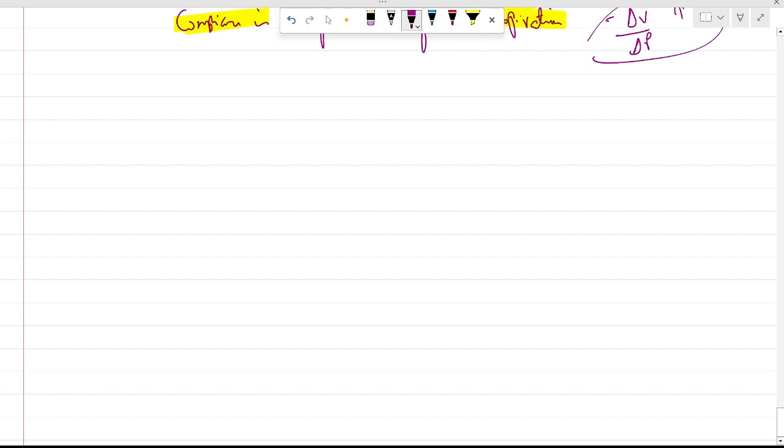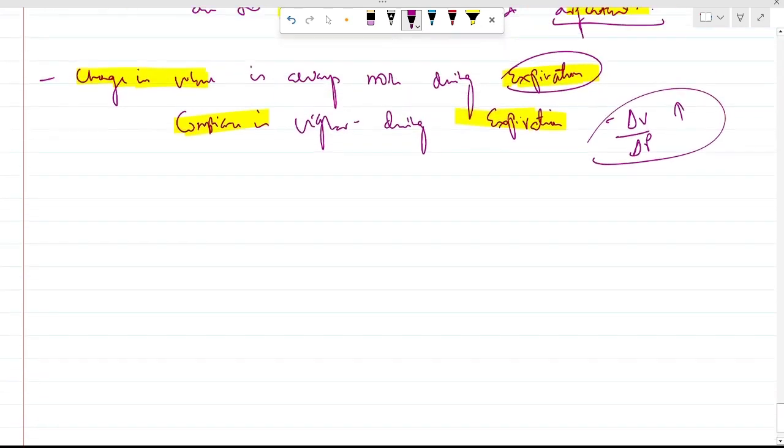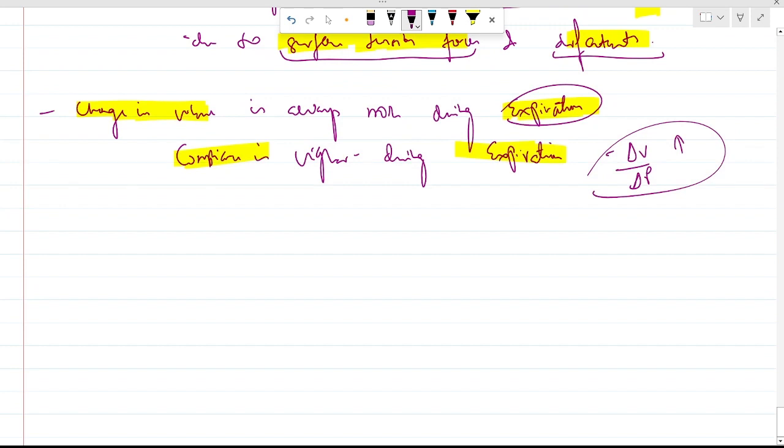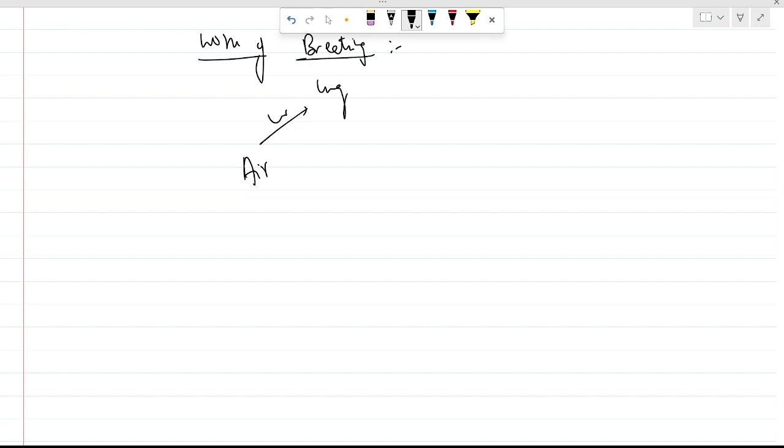Now, this was our discussion on surfactants and the hysteresis graph. Lastly, we'll see the work of breathing. So we have our lung, we have our air in and air out.